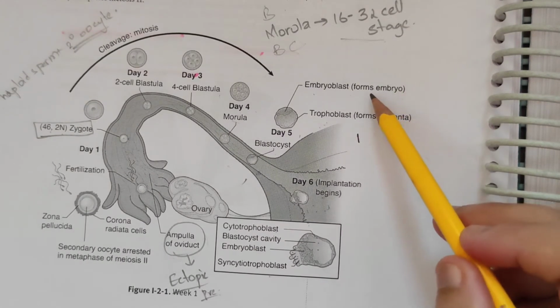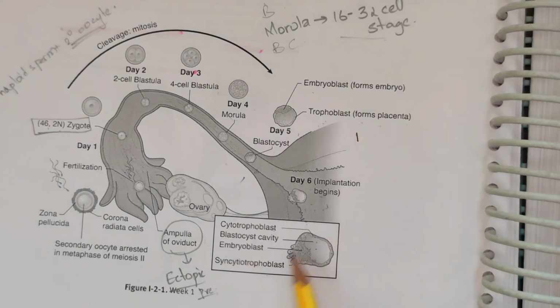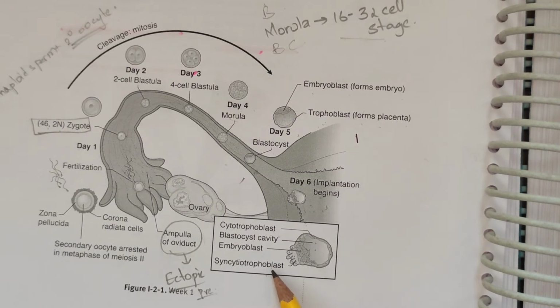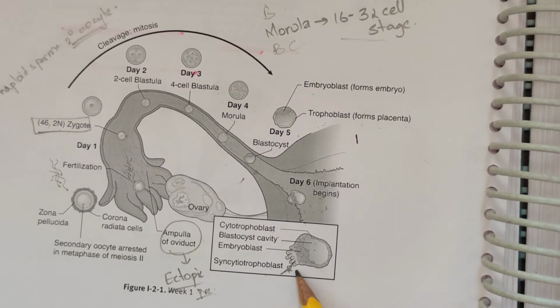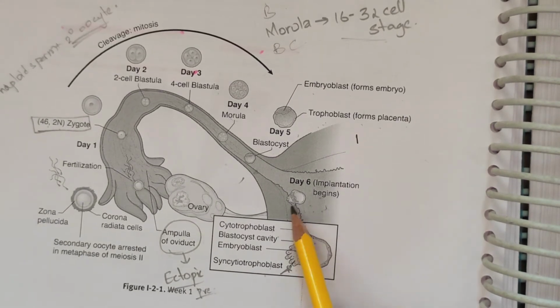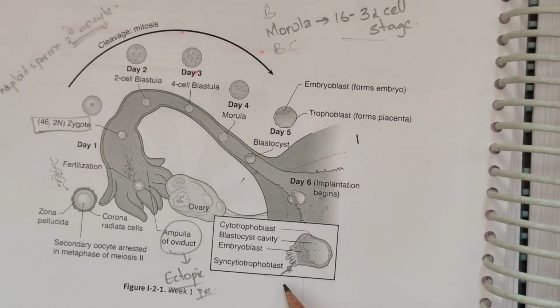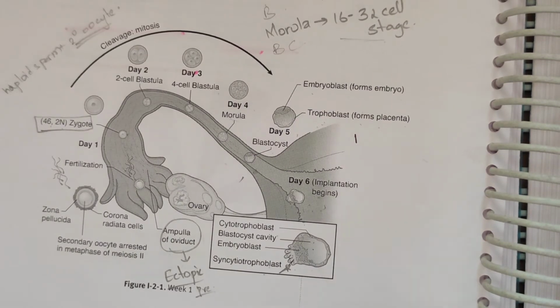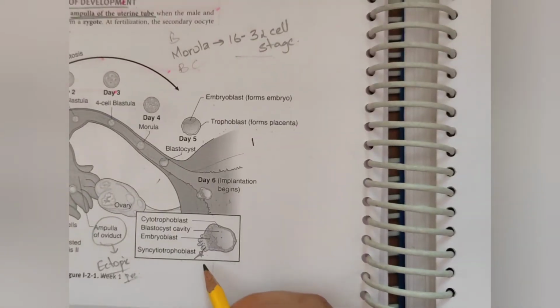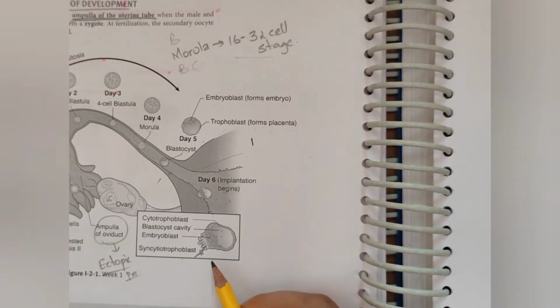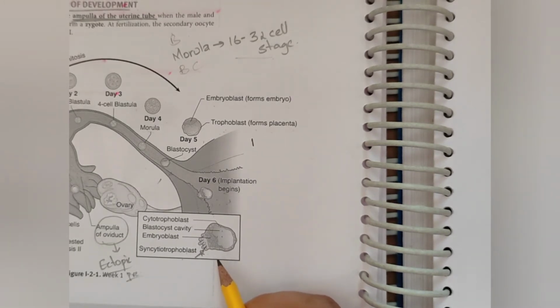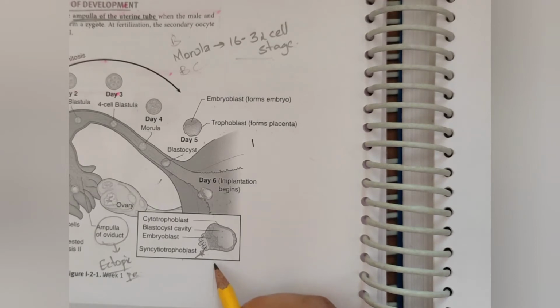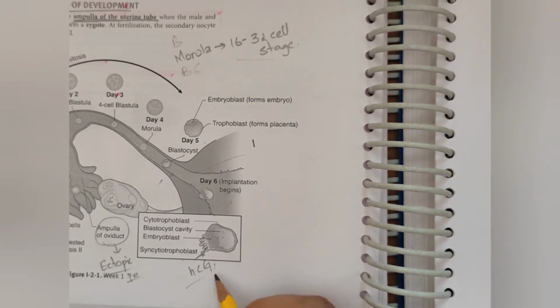At the end of week 1, the trophoblast again divides into the cytotrophoblast and the syncytiotrophoblast. The syncytiotrophoblast is very important because it helps in implantation, and it also produces HCG, human chorionic gonadotropin hormone, which is helpful for the detection of pregnancy. It also regulates the fetal circulation. HCG maintains progesterone production from the corpus luteum until the placenta takes over.